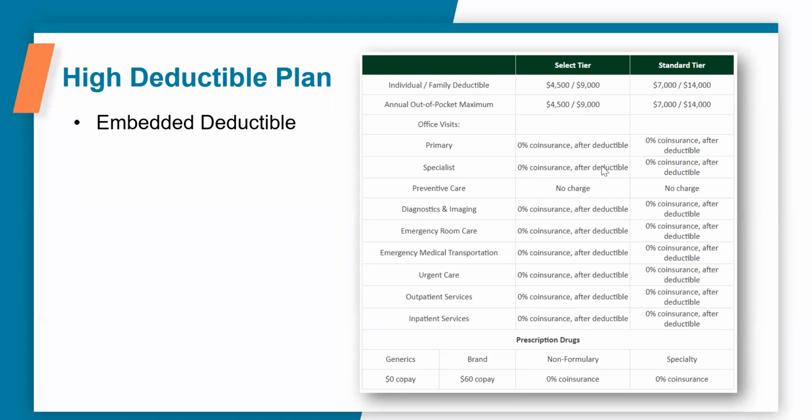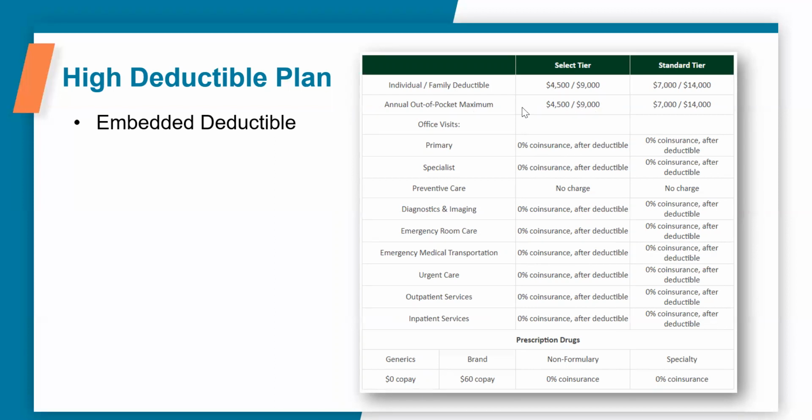So it really depends on if you have dependents on the plan and what you're going to potentially use the plan for.